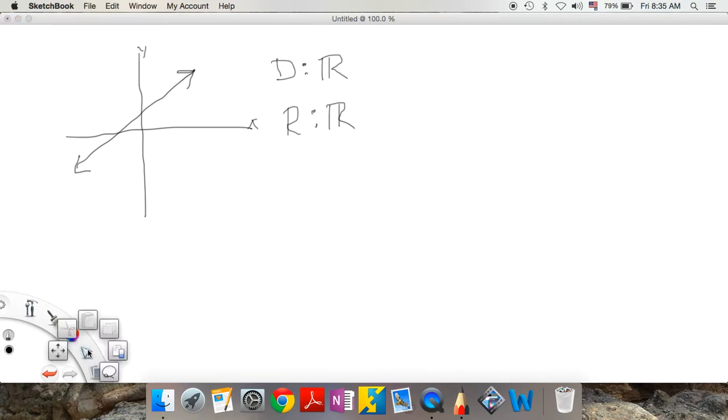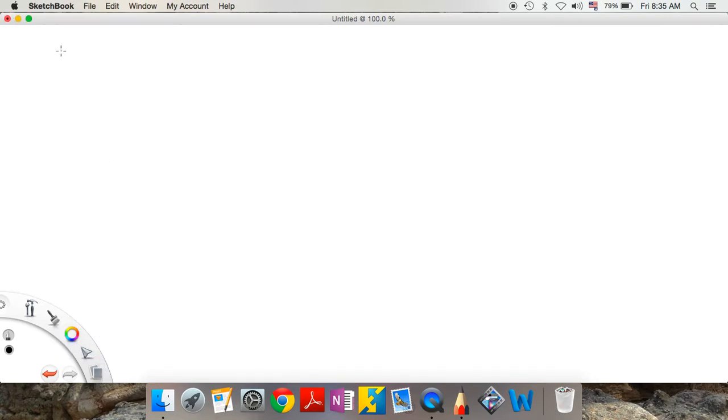Now, if we go back and look at our relation from a minute ago, there's one other way to write relations. We said we could have a list of ordered pairs, and we could also graph them.